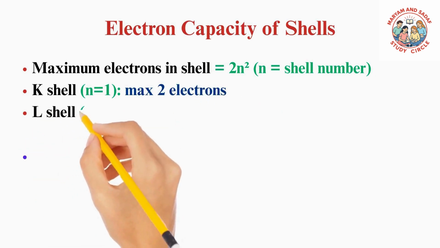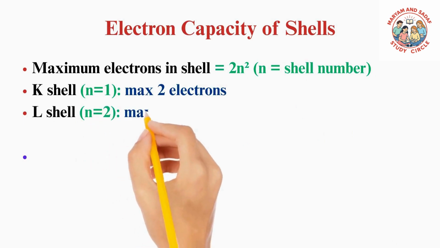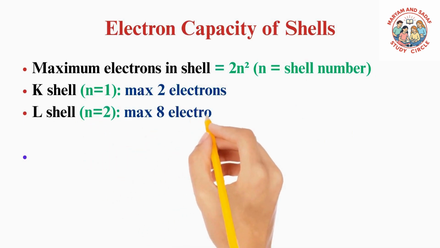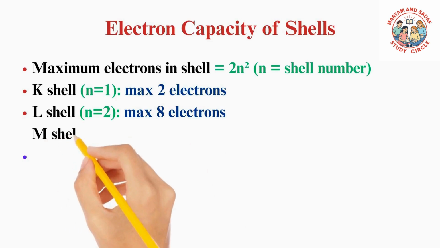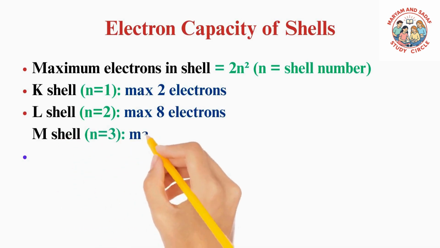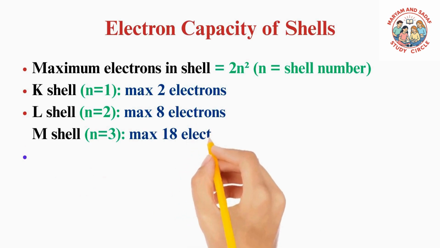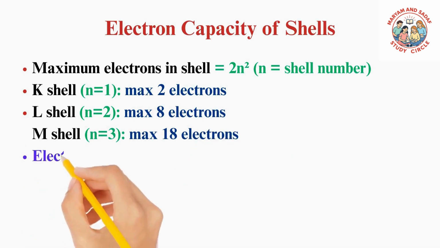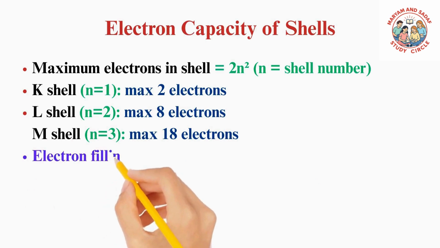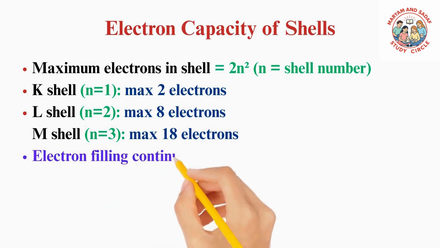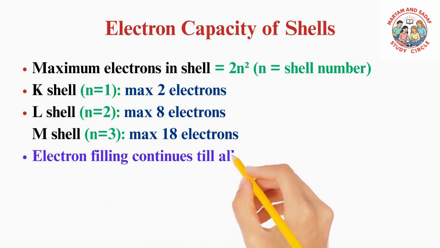For the L shell, n equals 2, it contains a maximum of 8 electrons. For the M shell, n equals 3, it contains a maximum of 18 electrons. Electron filling continues till all electrons in the atom are placed.